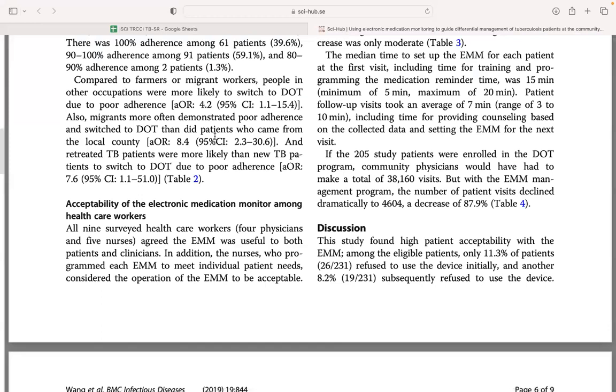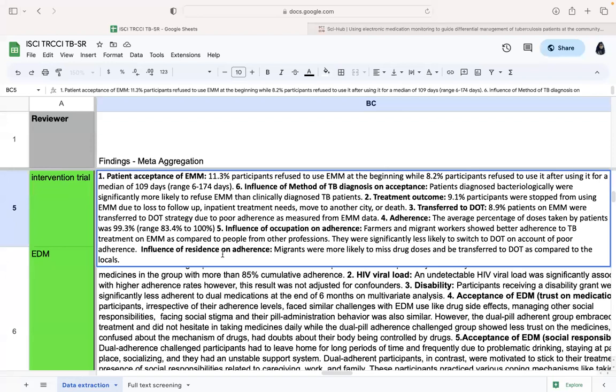Coming to the next sentence. Retreated TB patients were more likely than new TB patients to switch to DOT due to poor adherence. The reason why I am not adding all this information in just one sentence, I could have very easily done migrants and retreated TB patients were more likely to miss drugs, while farmers and migrant workers were less likely to miss drug doses.